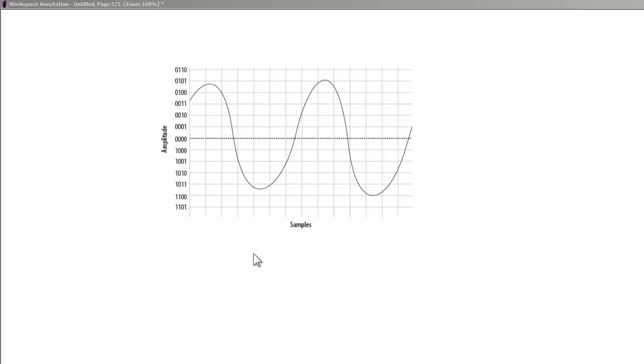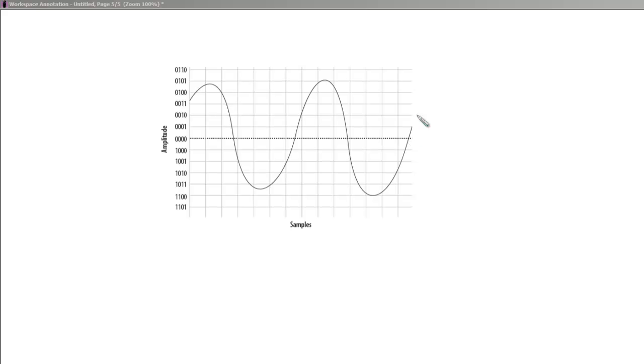Start with, I have on my screen an AC waveform. This is a simple sine wave. And this waveform that I'm showing, if you notice, has a period at which the waveform repeats.